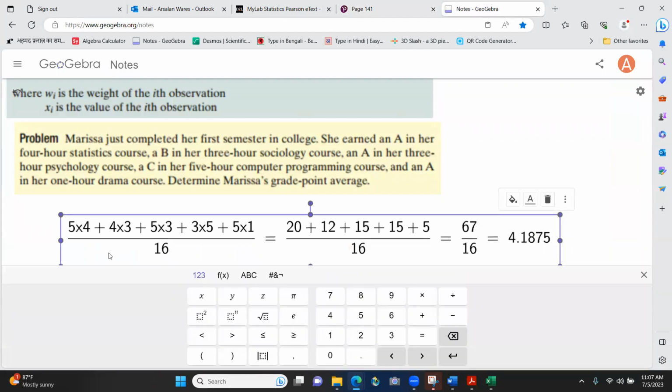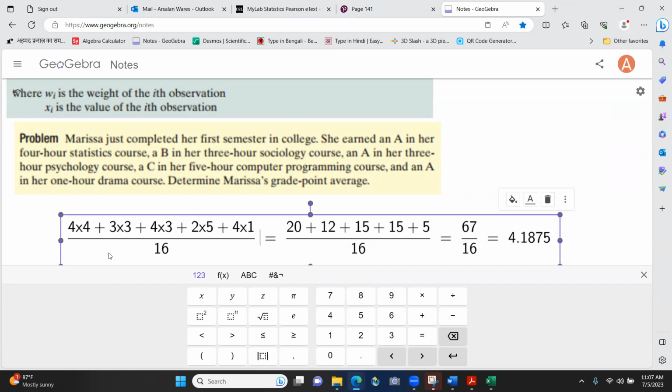Okay, so A is 4, and then B is 3, and then A is again 4, and C is 2, and A is 4. What do we get?